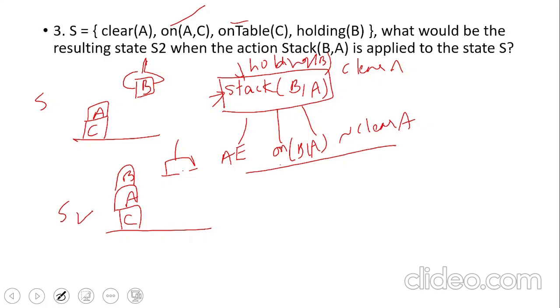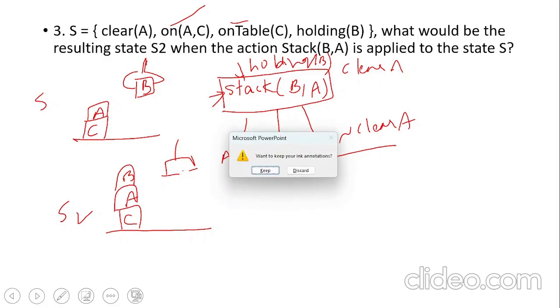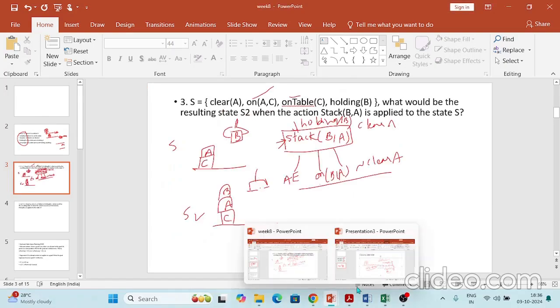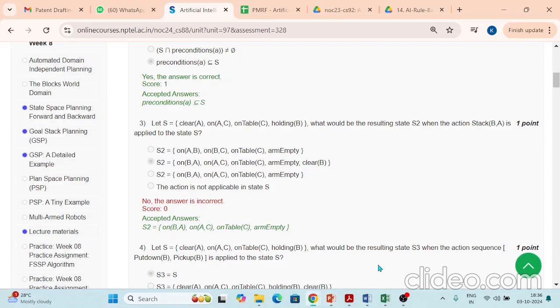So we have to select the options from the given choices.